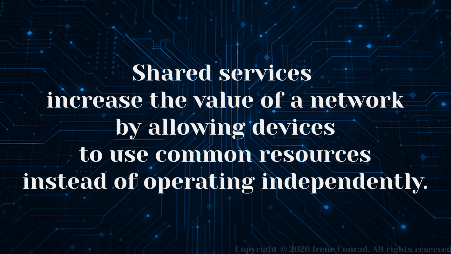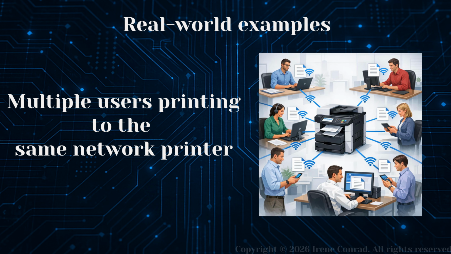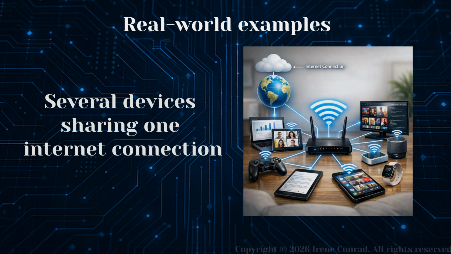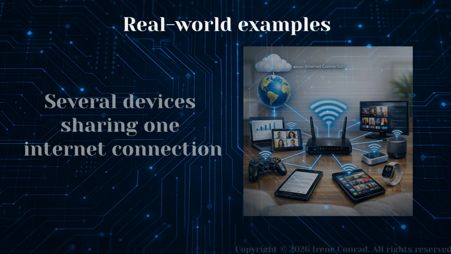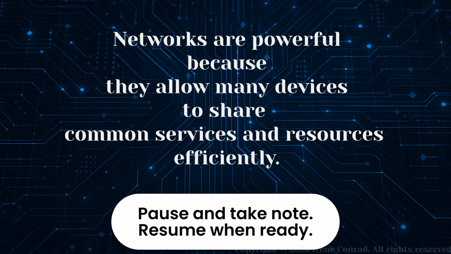Instead of every device doing everything by itself, a network lets devices use common resources together. That saves time, saves money, and makes work much more efficient. In real life, that could mean multiple users printing to the same printer, several devices using the same internet connection, and many systems relying on the same network services in the background.